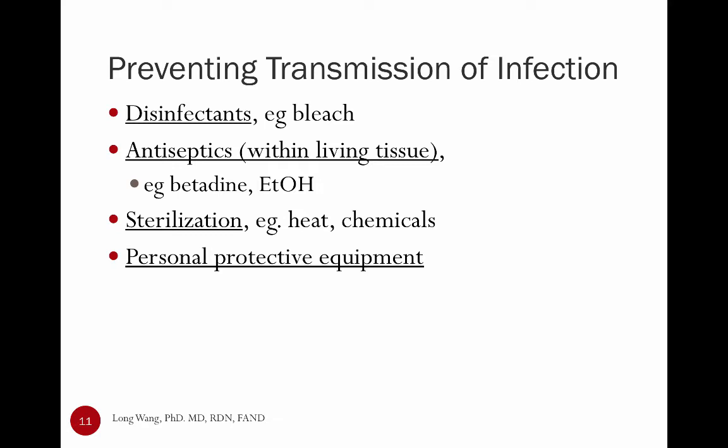Or we can use personal protective equipment. For example, let's say there is an infectious disease outbreak, the healthcare providers and emergency team have to be there to control the condition. But we definitely don't want the emergency responders to get infected doing their job. So what equipment could we supply them?